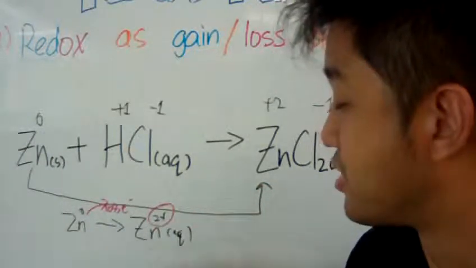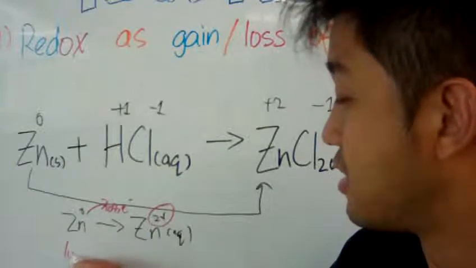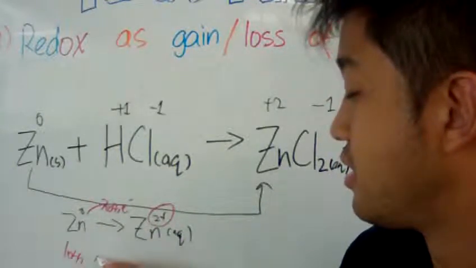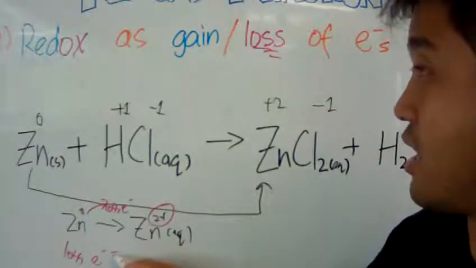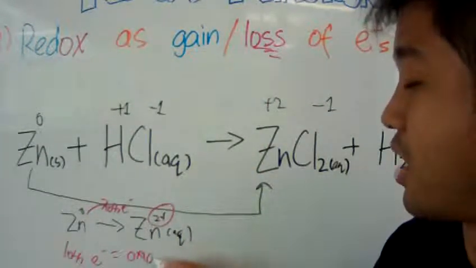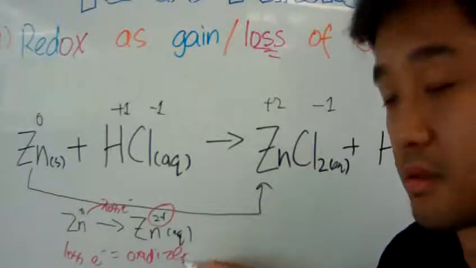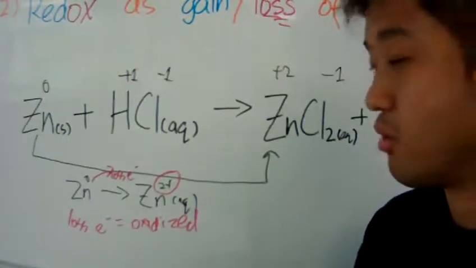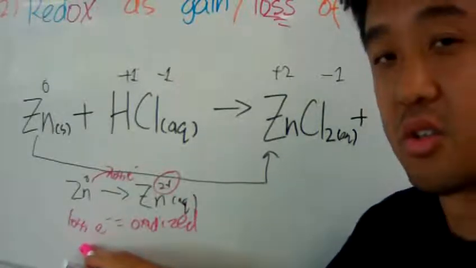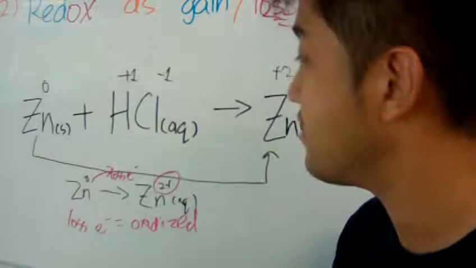So zinc lost electrons. And when you lose electrons, you are oxidized. Okay? So when you lose electrons, you are oxidized.